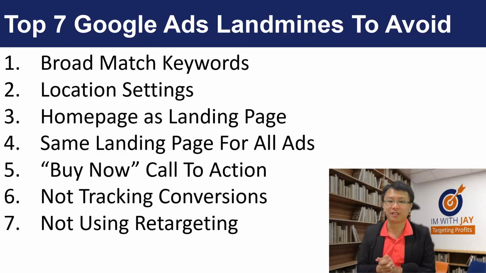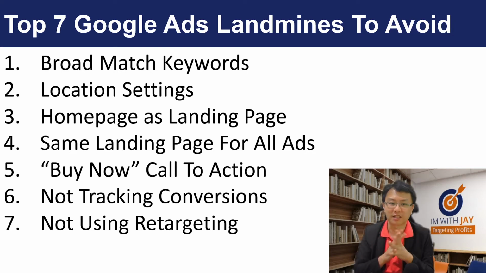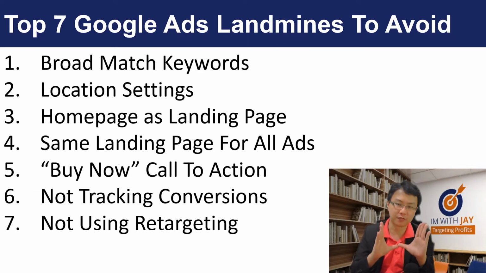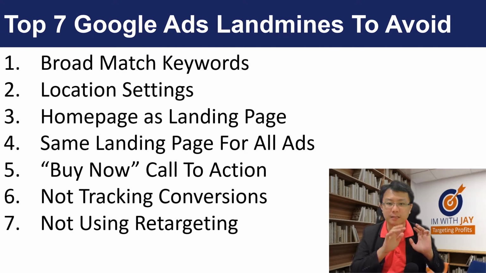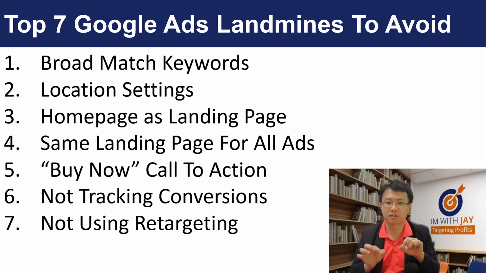Point number 3. This is kind of like a newcomer mistake where we use the homepage as an ad landing page. Now, you don't want to do this. I recommend you be as specific as possible. So let's say, I'll just use a clothing example, somebody types in Google red clothes.